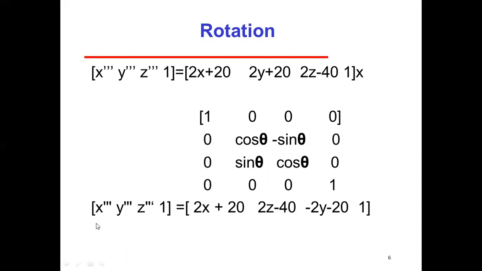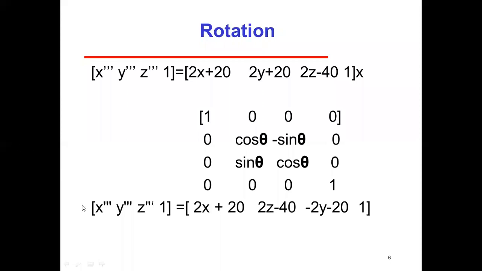Now whenever we compare, x triple dash will be equal to 2x plus 20, y triple dash is equal to 2z minus 40, z triple dash is equal to minus 2y minus 20. So first we will write in this form: x triple dash is equal to 2x plus 20, y triple dash is equal to 2z minus 40, z triple dash is equal to minus 2y minus 20. And then we will write for vertex A.